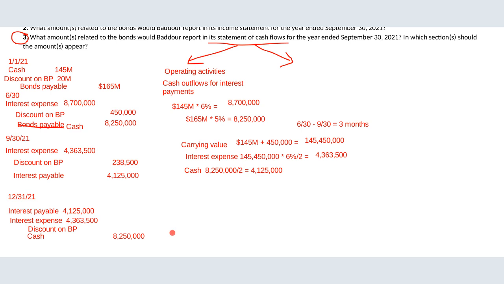And that difference would be 238,500, the other half. Okay. So that illustrates how we would accrue the interest on the bond.